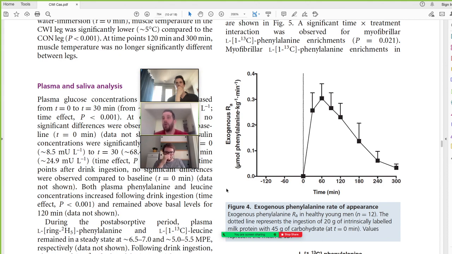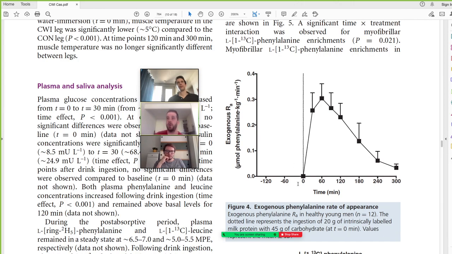And can we see an increase from drinking that protein shake that we specifically labeled for these purposes? We did see that clearly in this figure, because at baseline, from minus 120 to 0, there's absolutely nothing to be measured, obviously because there's nothing in the system. And as soon as at time point 0 we give that protein shake, you see there is an increase in those amino acids coming into your body. So that was working.